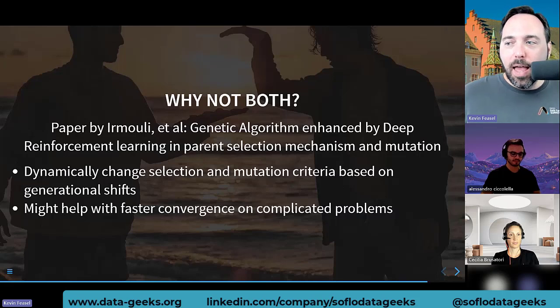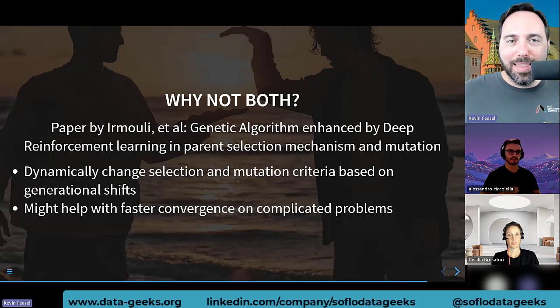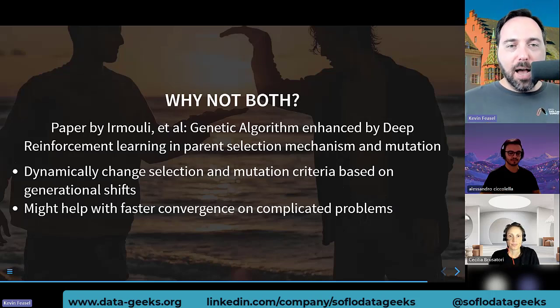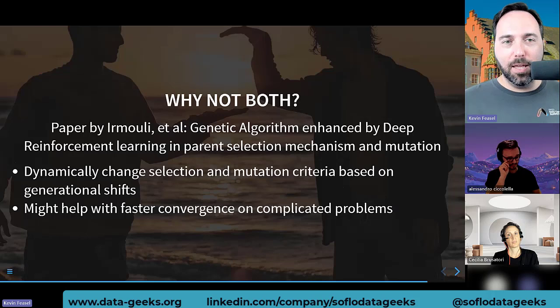But hey, you can actually have both. There's a good paper by a set of authors around genetic algorithms combined with deep reinforcement learning. So, neural networks and reinforcement learning for parent selection. Think of the way that I showed genetic algorithms and how you choose parents, where we just sum up the results and throw darts at a board and pick based on the likelihood that it's going to be this one because it had a higher fitness.